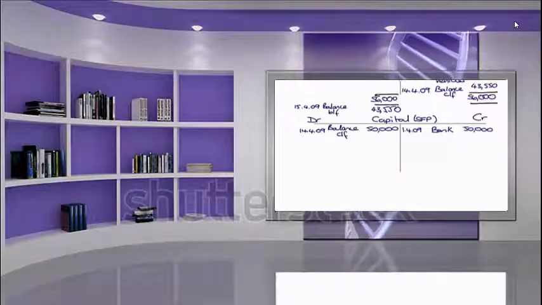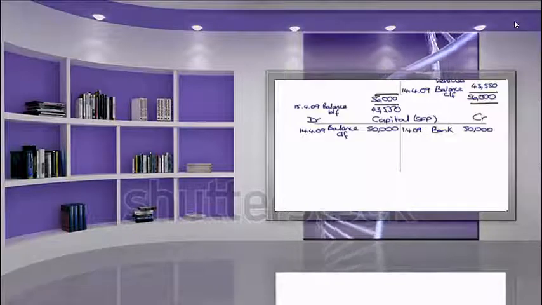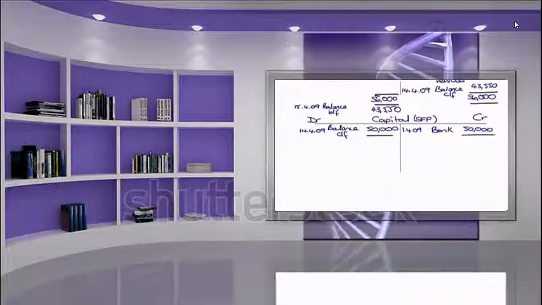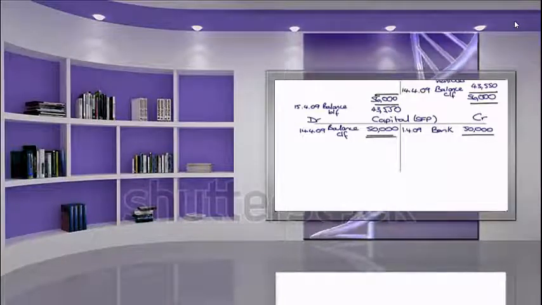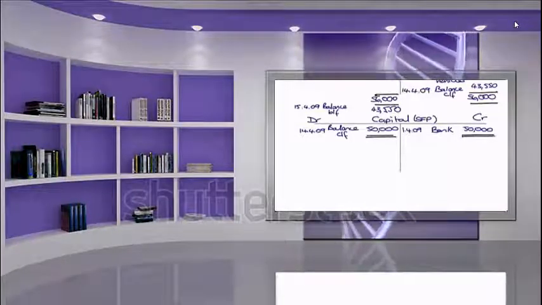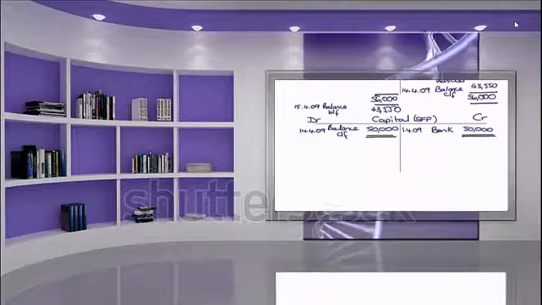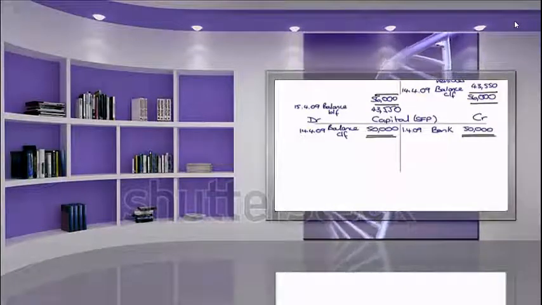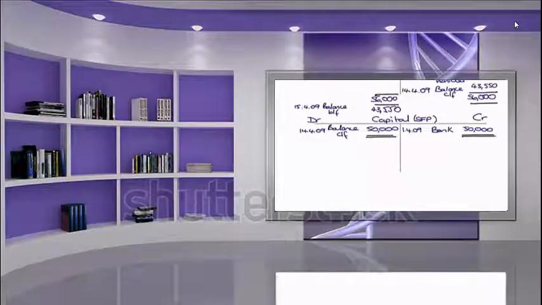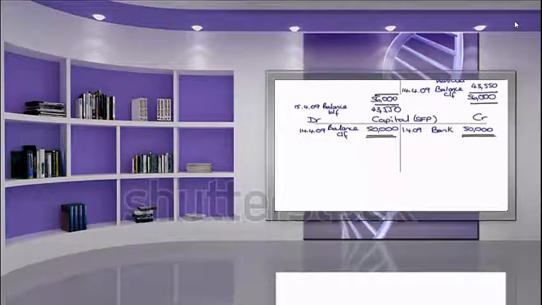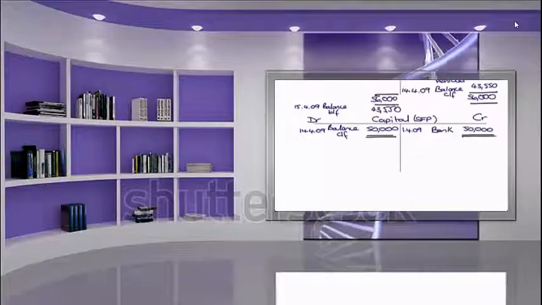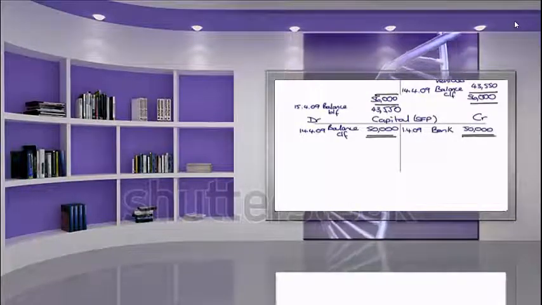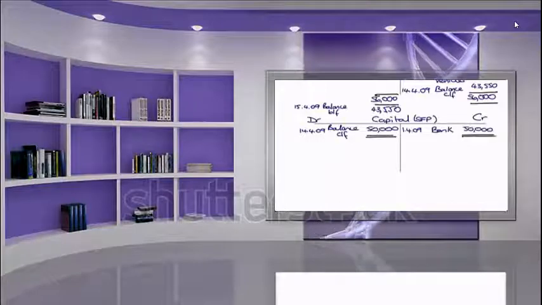So when we do our totals, because we can clearly see that they're both 50,000, what we can do is just simply double underline it to say that that account is closed. You could do a total like we did with the cash at bank, but really all you're doing is writing 50,000 in twice again, which isn't necessary. We can clearly see that the balance is 50,000.